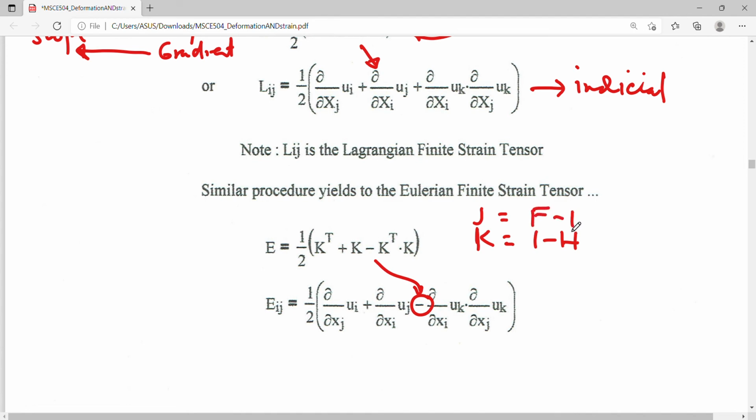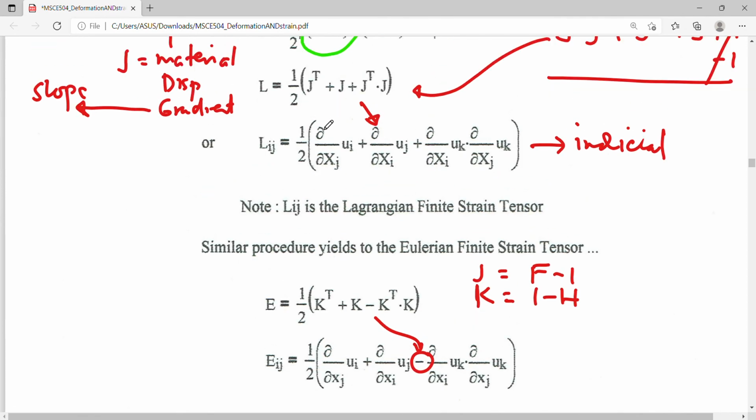Okay, so 1 minus h. So the negative sign here, if this will cancel, there will not be any negative sign here. But if this cancels out, there will remain a negative h. That's why this becomes a negative sign.